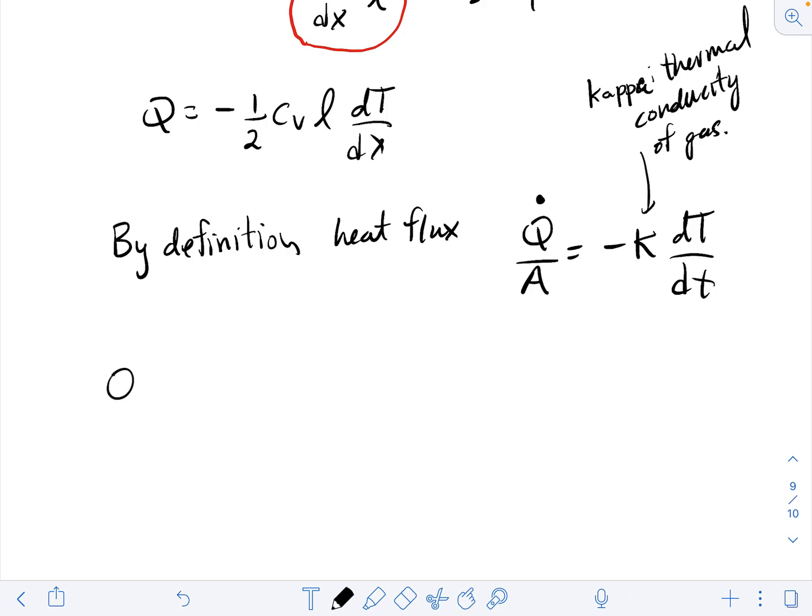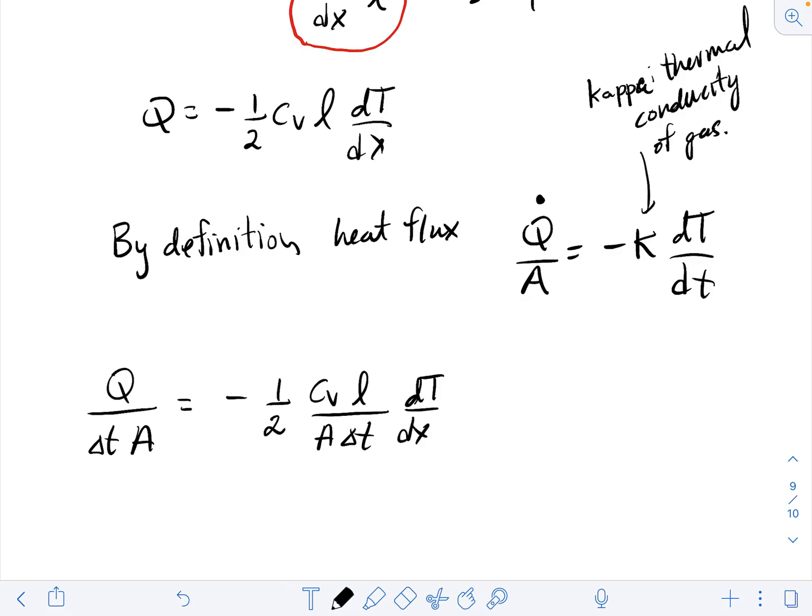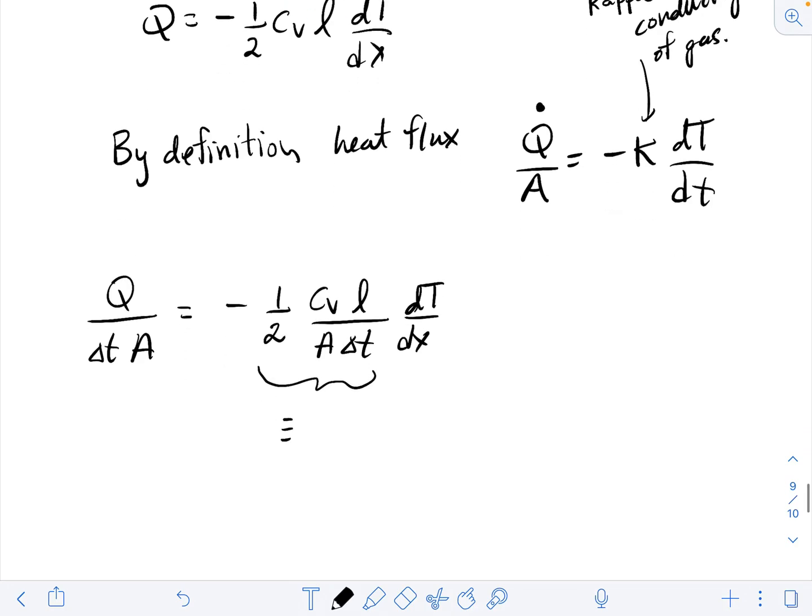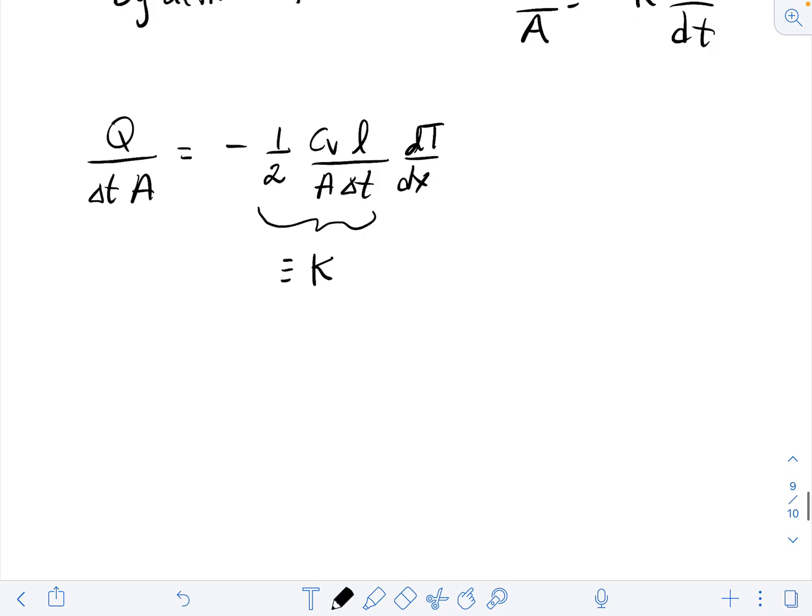And so if we take our Q and divide by delta T and divide by an area, we get minus 1/2 C_V L over A delta T times the temperature gradient. And that means that everything here is the thermal conductivity.